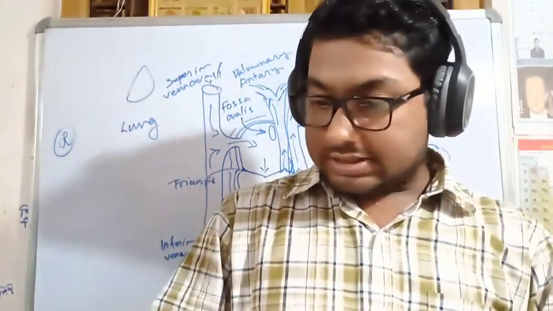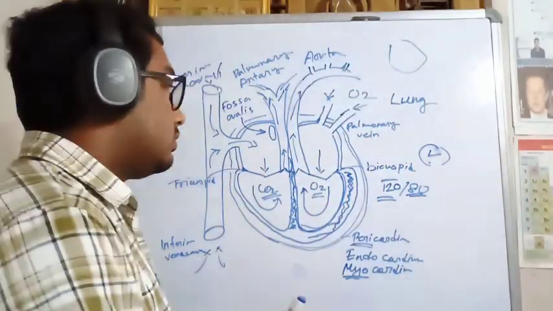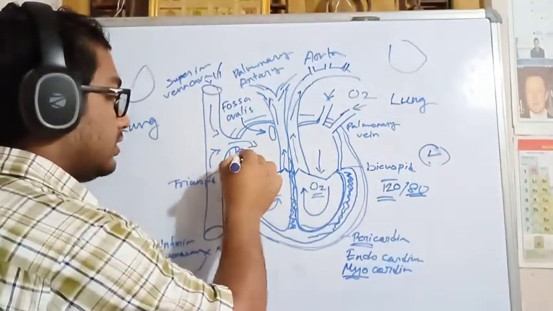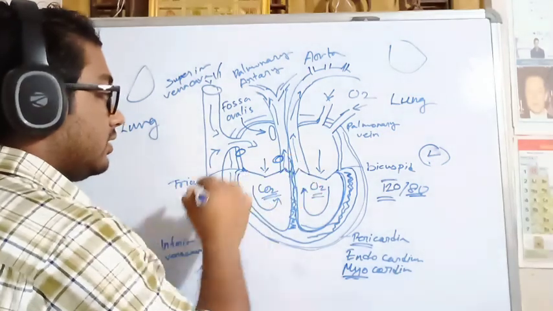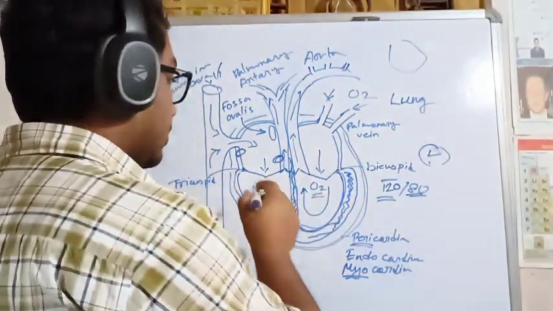And yes, the SA node and AV node. The SA node is present here, and the AV node is present here. They are responsible for the contraction and expansion of the heart.